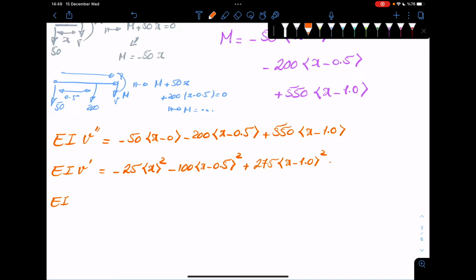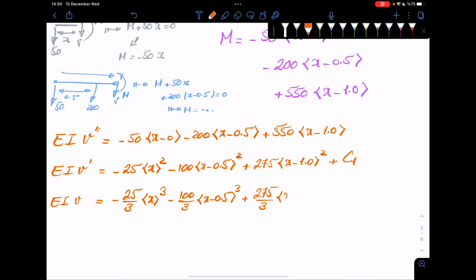And by the way, when you integrate it, obviously you have a constant here, I forgot. So you integrate once more. So you get minus 25 divided by 3, x to the power 3, minus 100 divided by 3, x minus 0.5 to the power 3, plus 275 divided by 3 times x minus 1.0 to the power 3, plus C1x plus C2.